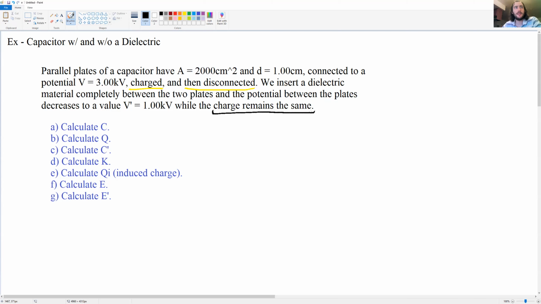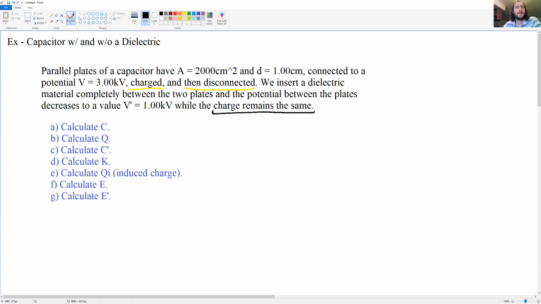Calculate C, the capacitance of the capacitor when there is vacuum between the plates. Calculate Q, the amount of charge stored on the capacitor, again when there's vacuum between the plates. Then we'll calculate C prime, the capacitance after the dielectric is inserted between the plates.